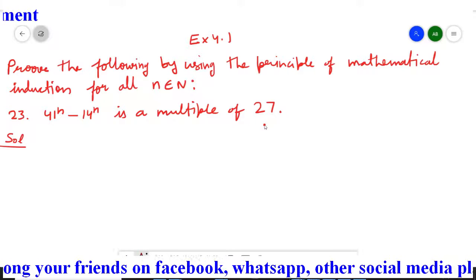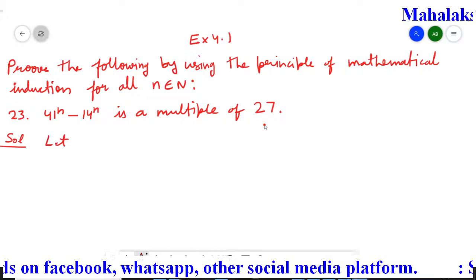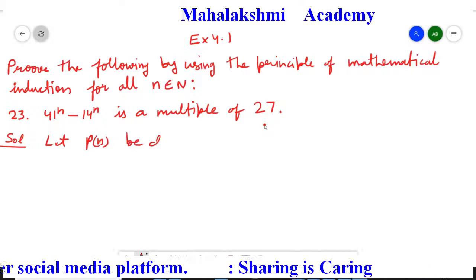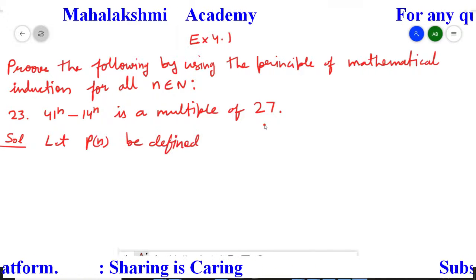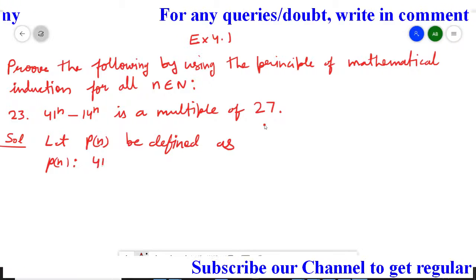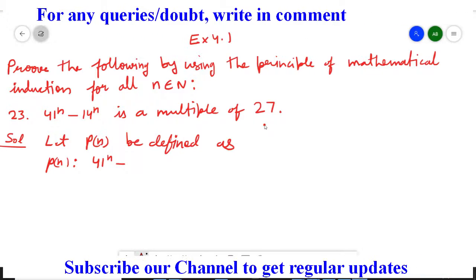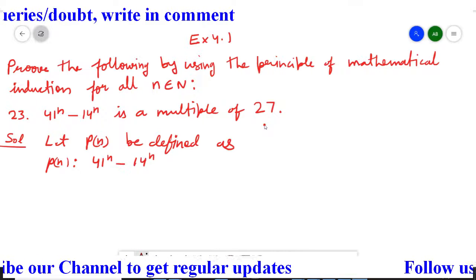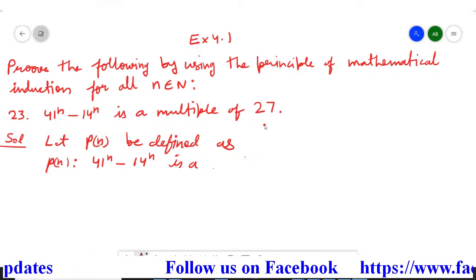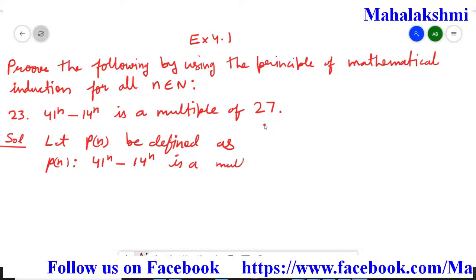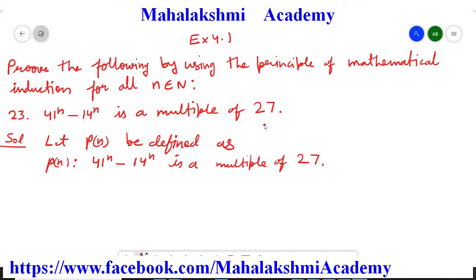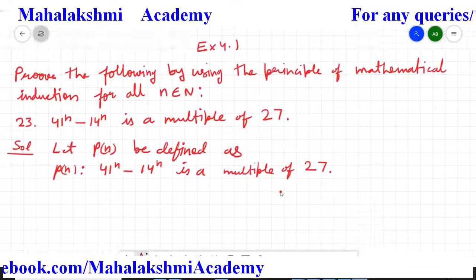So we will write here: let Pn statement be defined as 41 raised power n minus 14 raised power n is a multiple of 27. So firstly I assume the given mathematical statement as Pn.